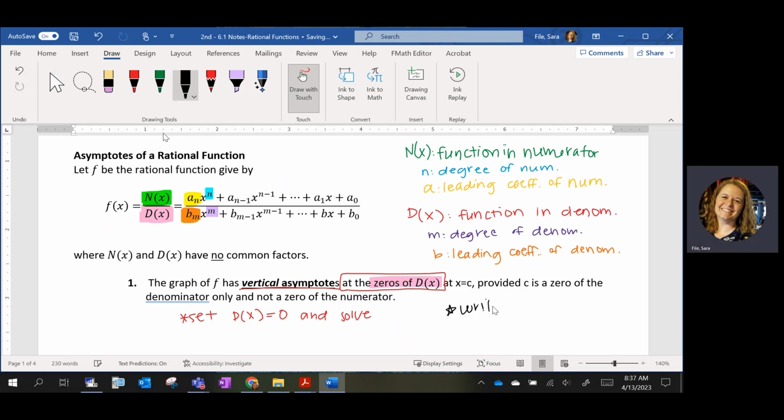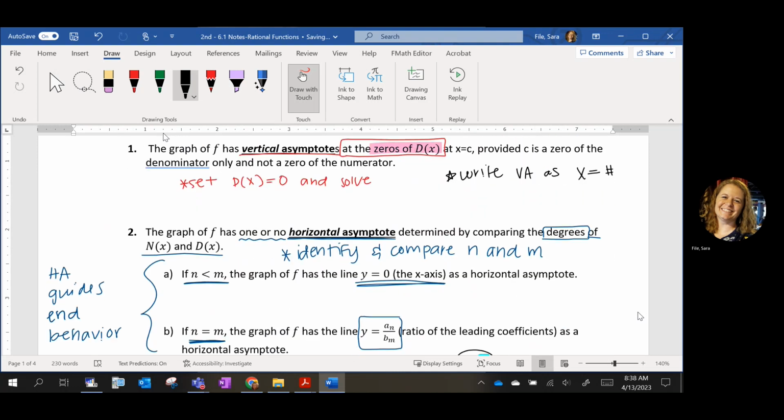We write vertical asymptotes as x equals a number. We write horizontal asymptotes as y equals a number.